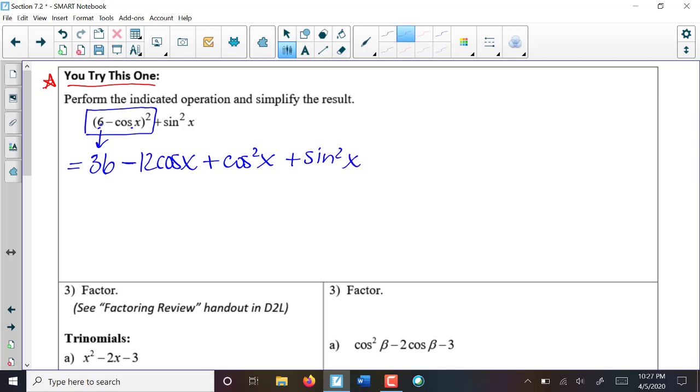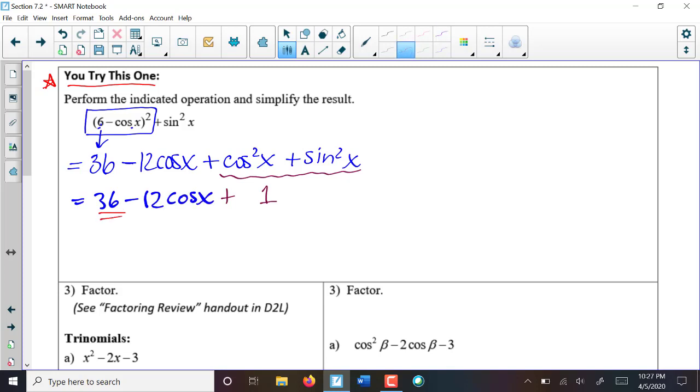Okay, now, can we combine like terms? I don't see any like terms. Can we rewrite something different using an identity? And here it is again. Good old Pythagorean identities. This is the one. So I basically have 36 minus 12 cosine x plus 1.